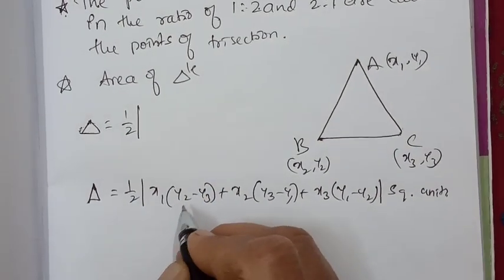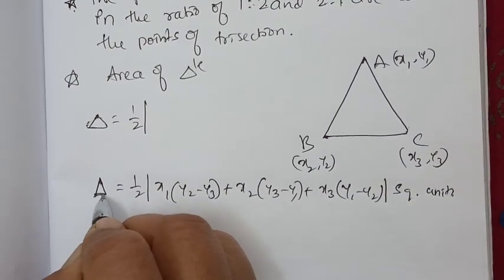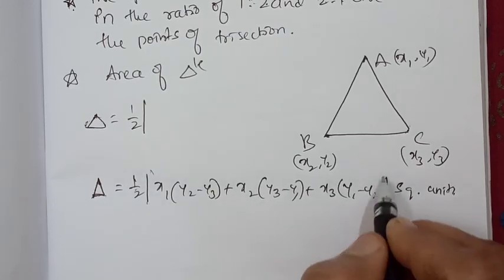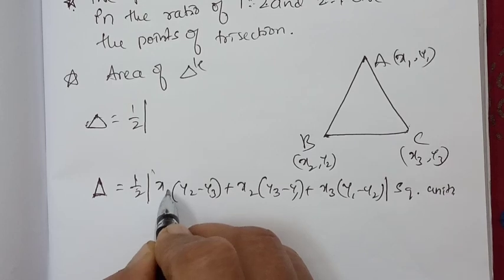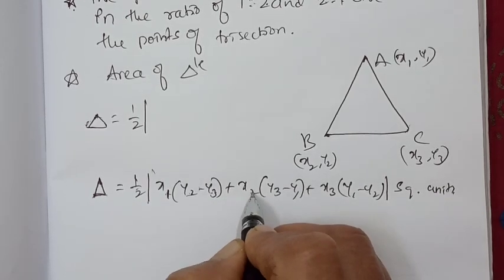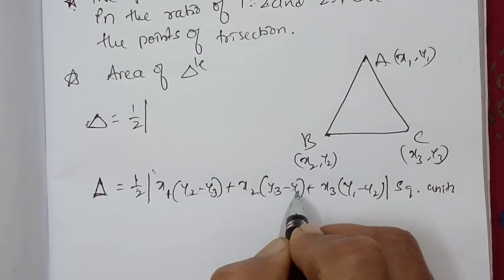Just to remember, I'll give you a small trick for this. The triangle symbol is the symbol of area. So 1/2, and it's a modulus, so it always gives positive. Whenever I'm writing here, 1 is followed by y terms: x2, 2 after continuation means 2 after 3, 3 after again 1.